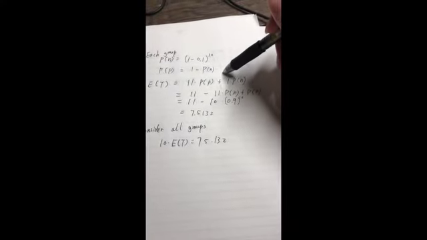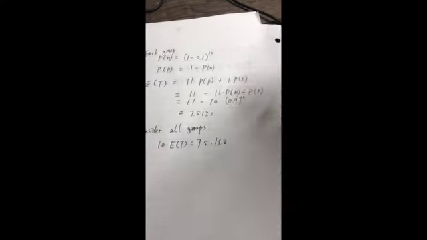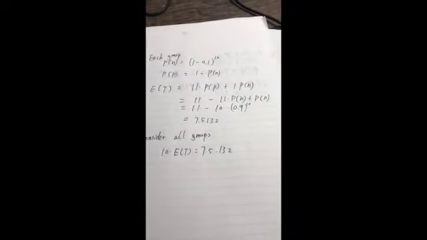And because there are only two cases for a group, negative and positive, 1 minus the probability of negative is equal to the probability of positive.